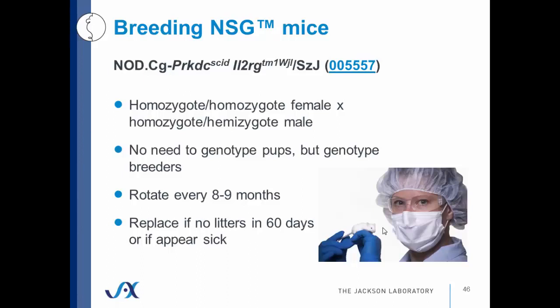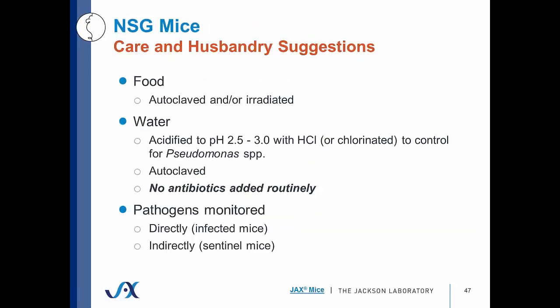Also, if they start to appear sick, or if there are no litters produced in 60 days, we highly recommend that you replace those breeders. Also, for the food, we recommend using autoclaved and/or irradiated food. We also recommend acidifying water to pH 2.5 to 3 with either hydrochloric acid or chlorine to control for Pseudomonas species.